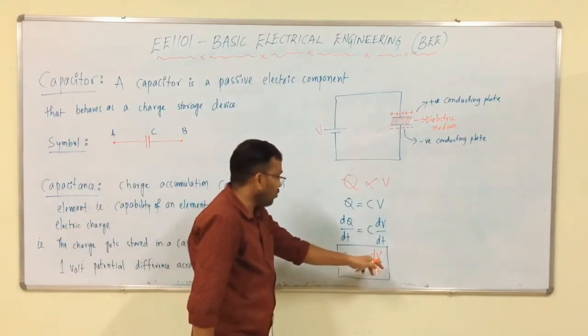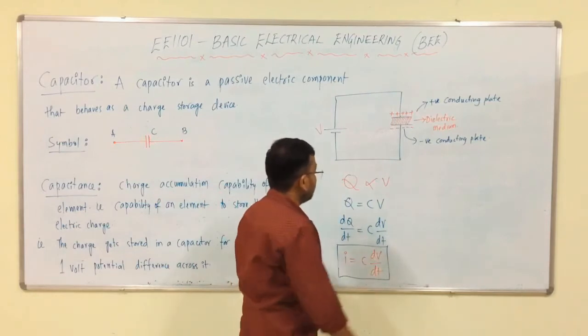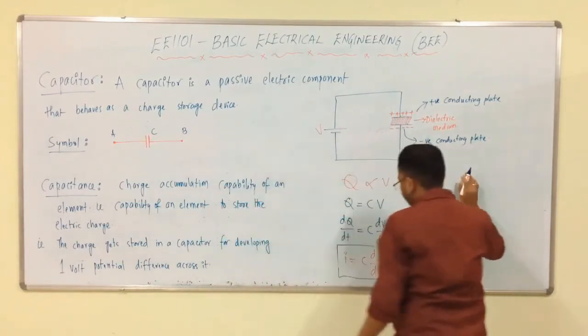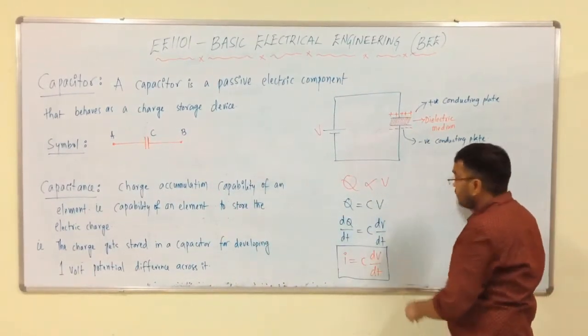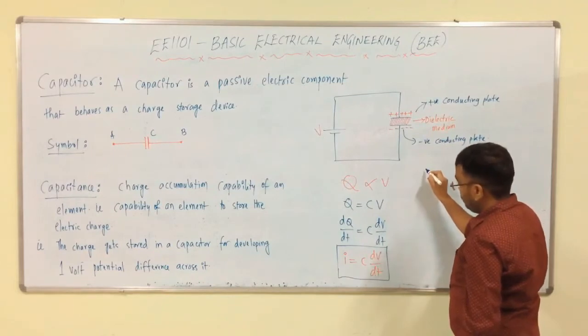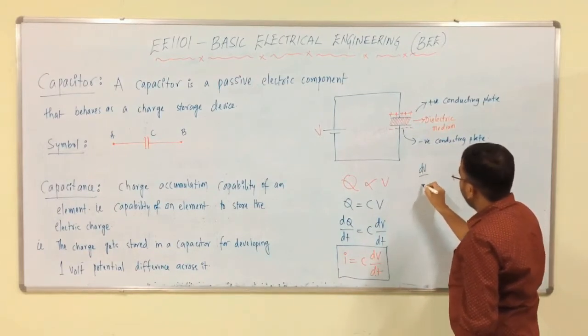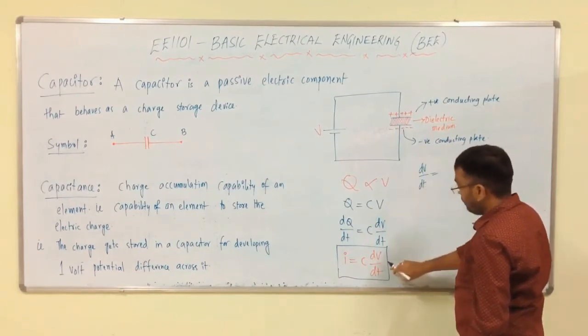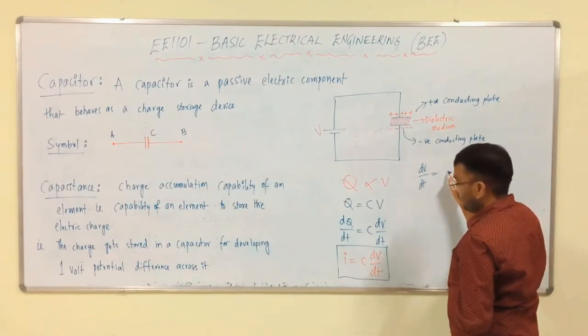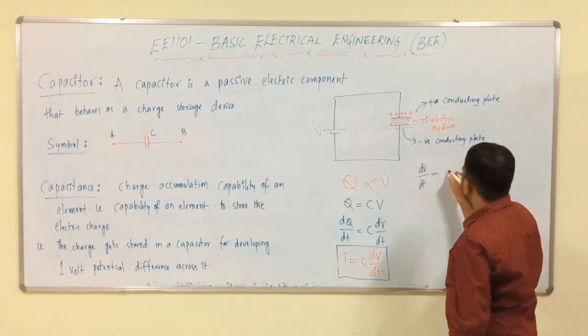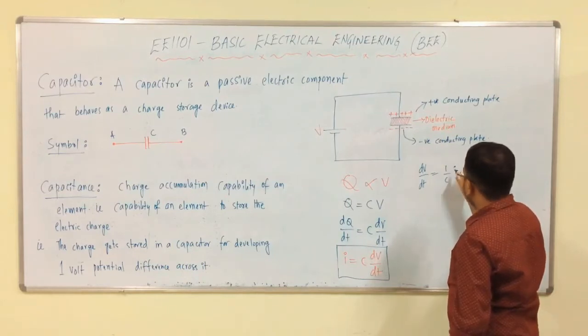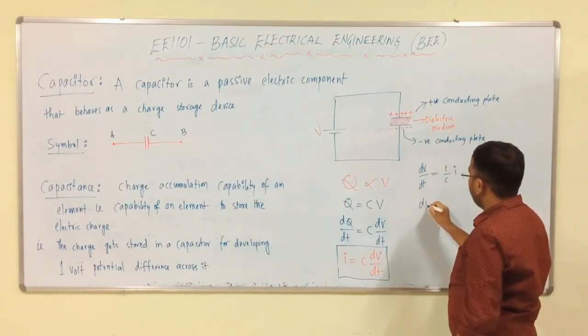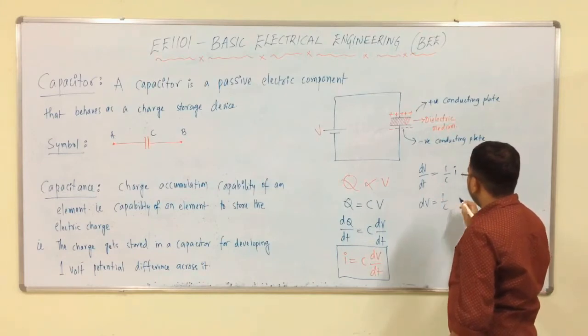Then from this we have to calculate the value of voltage. So, dV by dt is equal to 1 by C times I. From this, dV is equal to 1 by C times I dt.